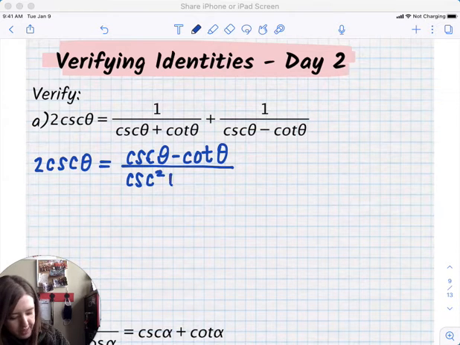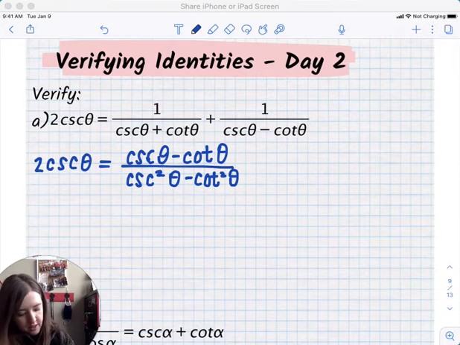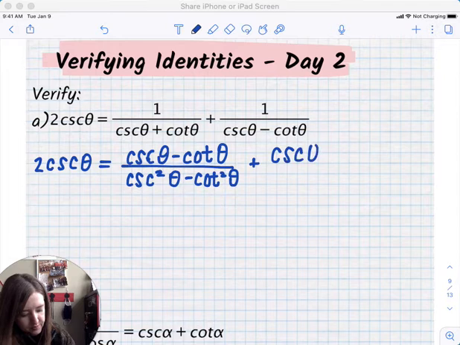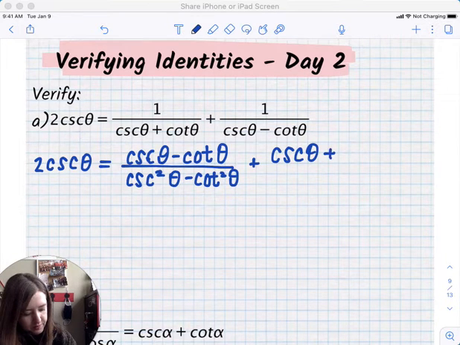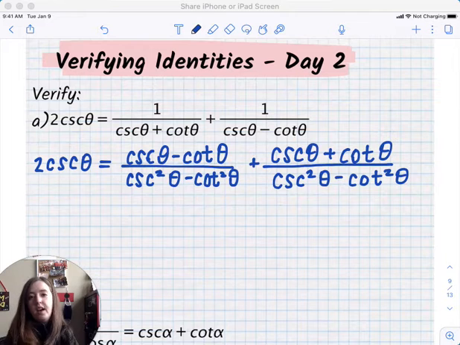And when we multiply out cosecant plus cotangent times cosecant minus cotangent, we're going to get cosecant squared minus cotangent squared. Plus, and then we'll get common denominators on the other side. All right.